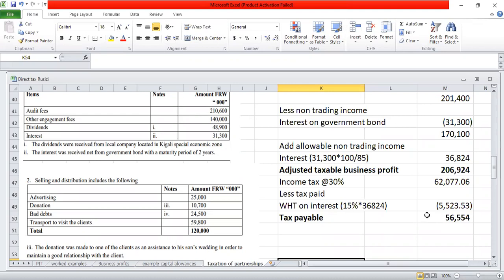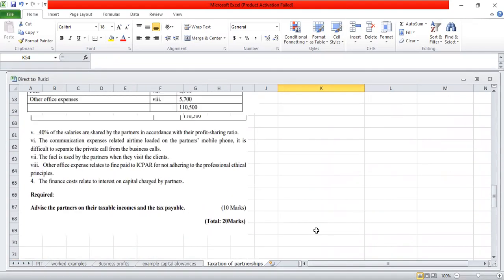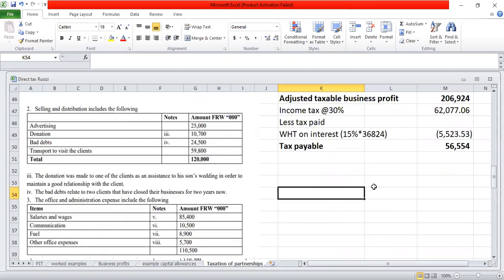Any question, members? I want to hear from you. So can we move on? Okay, you want us to distribute? Okay, I can distribute if you want. If you want us to distribute the income to the partners, we can do that.